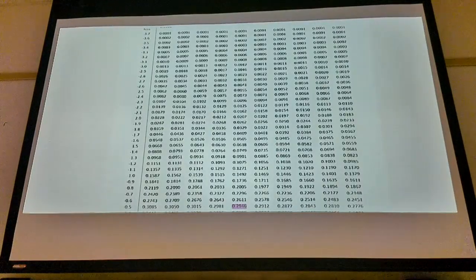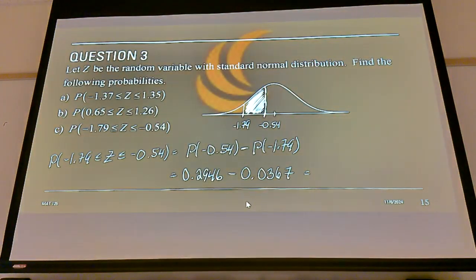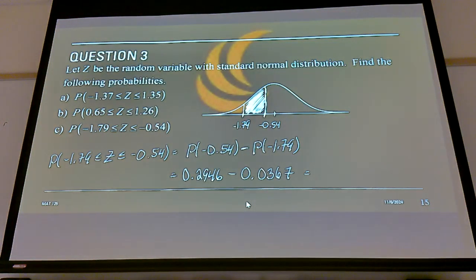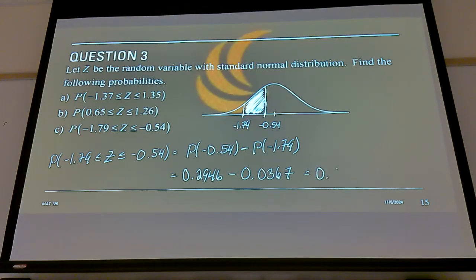And then minus negative 1.79, which is all the way over here, right? 0.0367. 2579 also. What'd you say it was? 2579. So 0.2579.